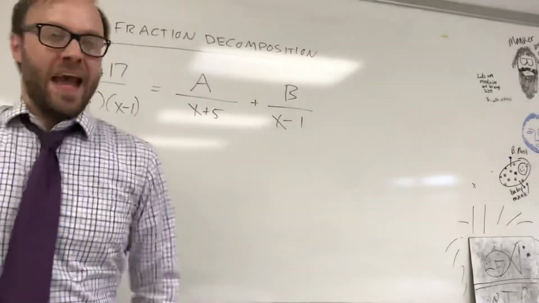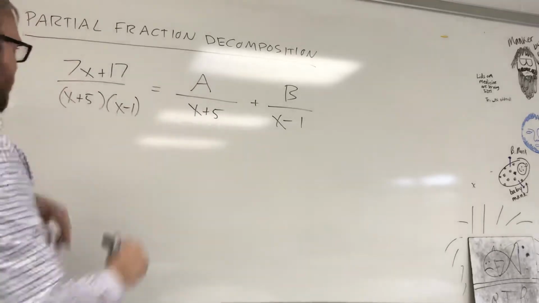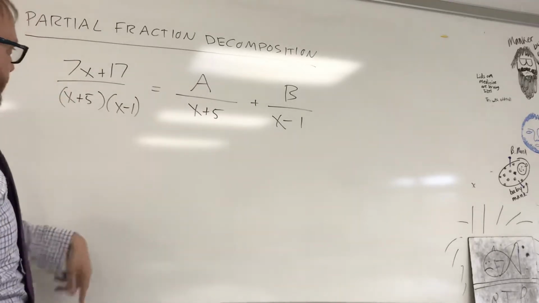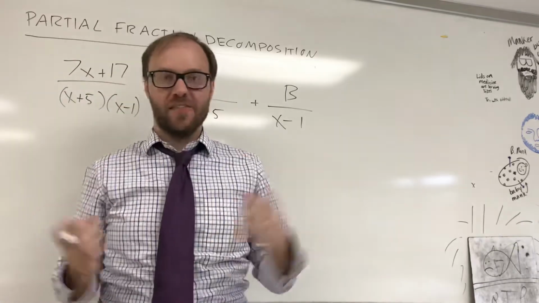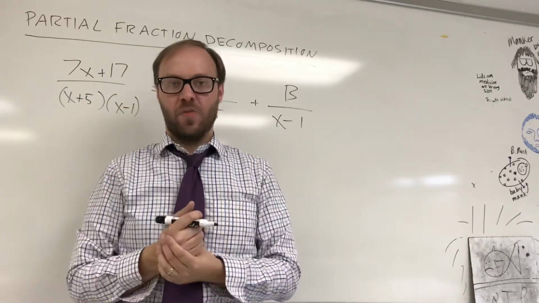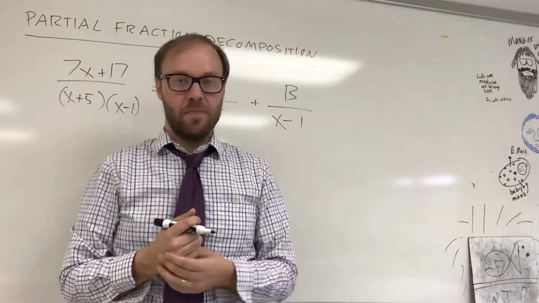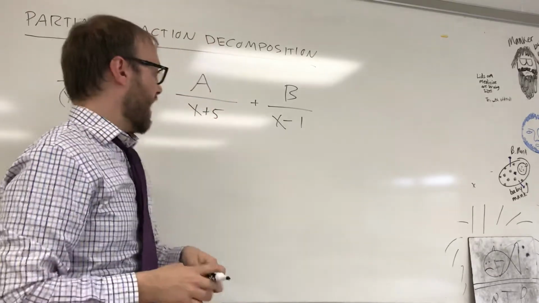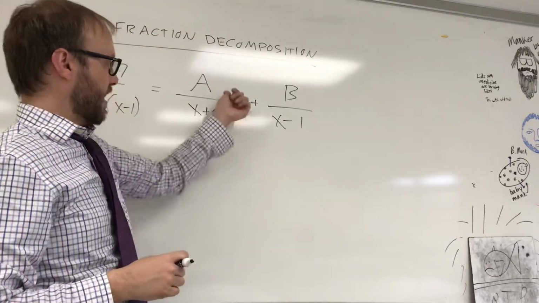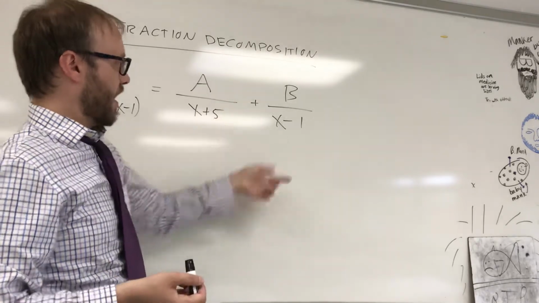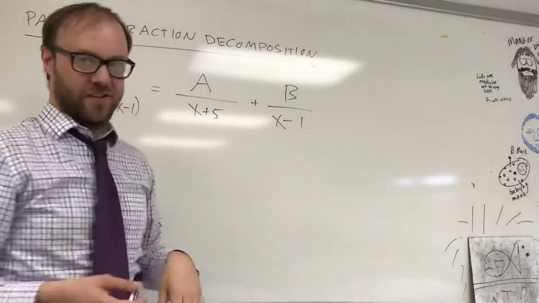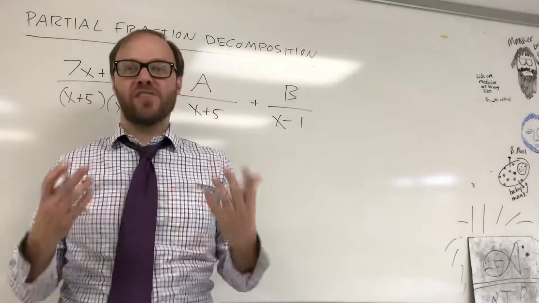Again, I can't just split it up as 7x over x plus 5 and 17 over x minus 1. If you try common denominators, you would not end up getting an equivalent expression. It turns out that it should be a constant value over a linear term and another constant value over another linear term. So how is this going to work?